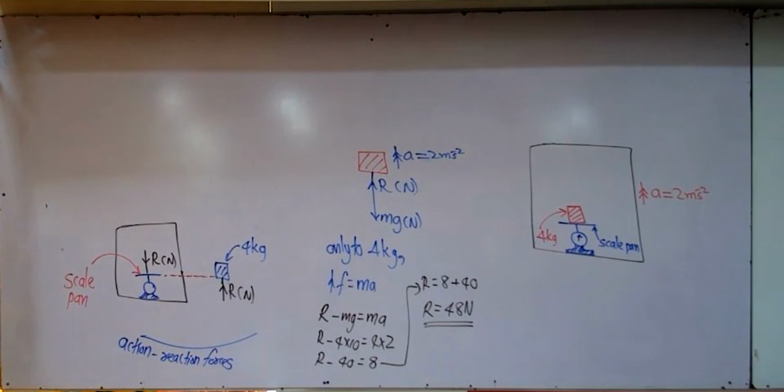Then an equal and opposite force is given by the 4 kilogram object to the scale pan.